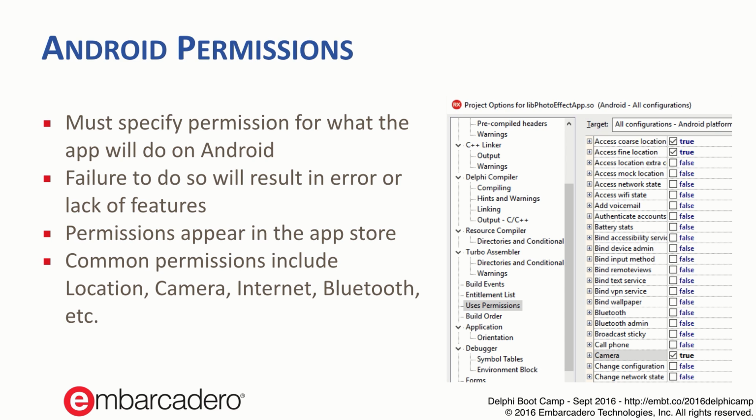Well, you're probably not going to ever call, so this is something you might want to go in there and manage what permissions you're using. There's documentation in Google's Android documentation that tells you what these permissions do and when you're going to need them. But if you're doing something like trying to access the camera or TCamera component and your app doesn't work, you might need to go and check your permissions. All right, so that's important to understand. It's available through the project options. You can go in and change the permissions.